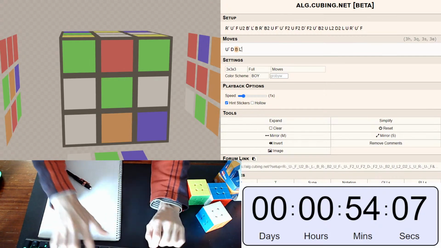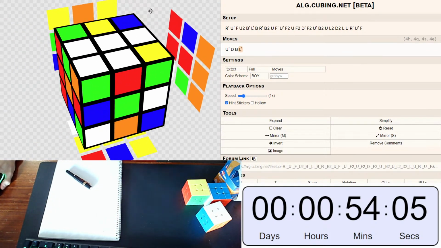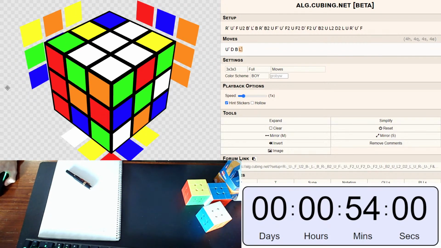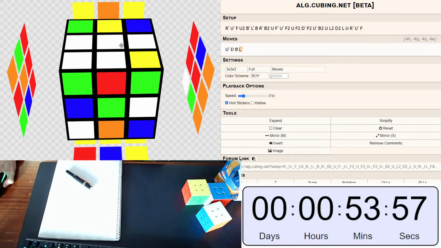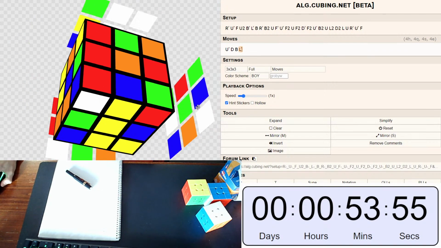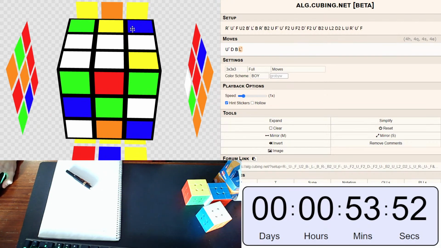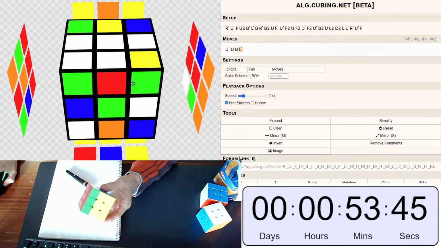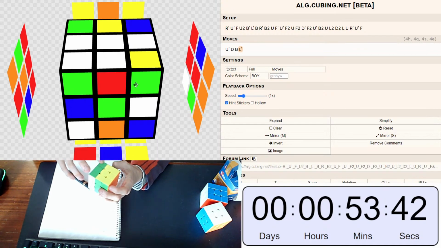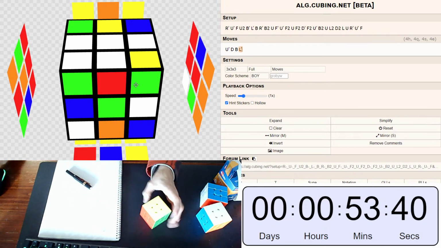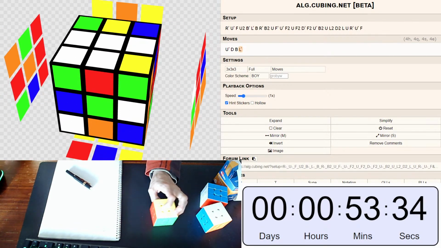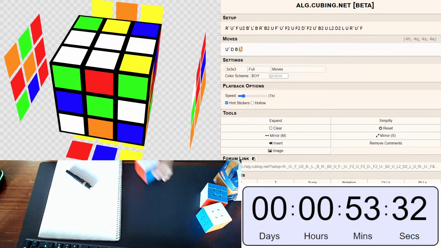If I do L' here, this takes 2 of those bad edges into the E slice, which makes them good. So all 4 good on here and 2 on the bottom, which means 2 edges, 4 corners. And if we count a solved cube with 1 turn on it, we have 4 corners and 2 edges wrong. So we basically set that up to 1 move. So that's what I've got so far. That's my best EO RZP combination.